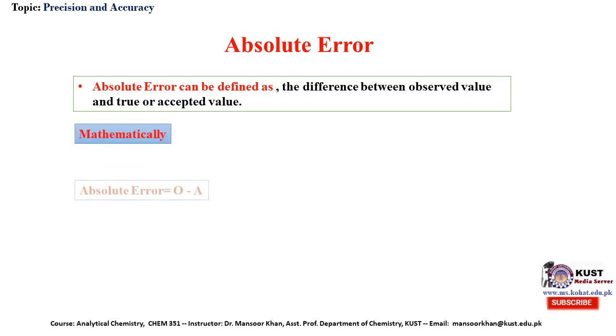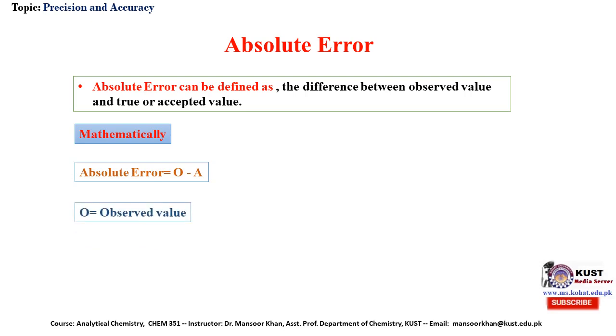Mathematically, absolute error is equal to O minus A. O stands for observed value, while A stands for accepted value.